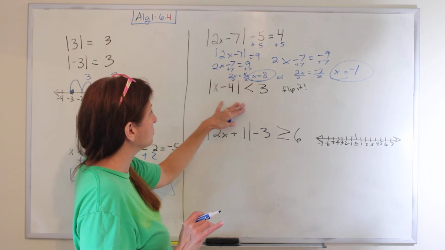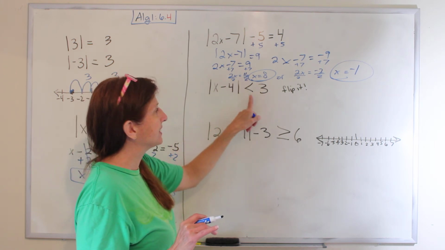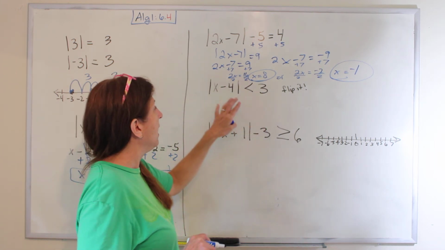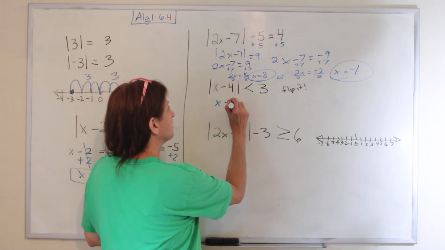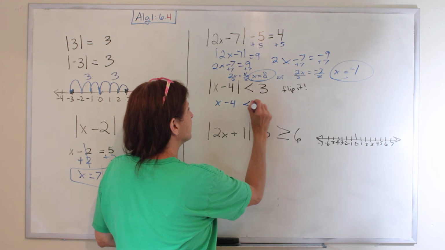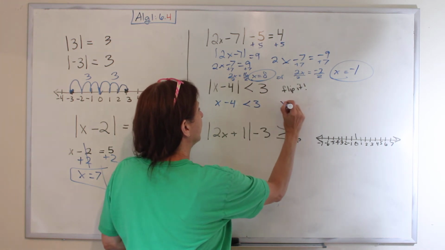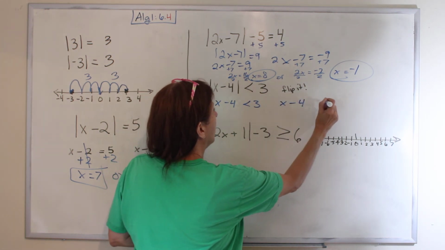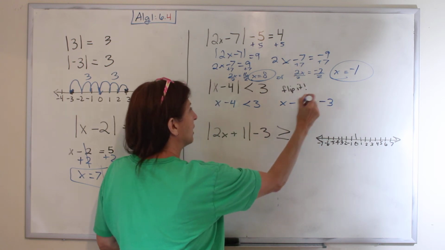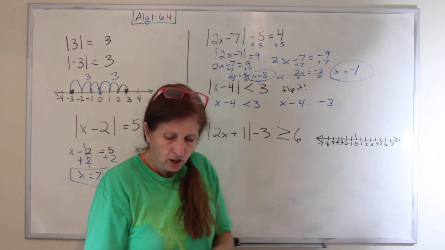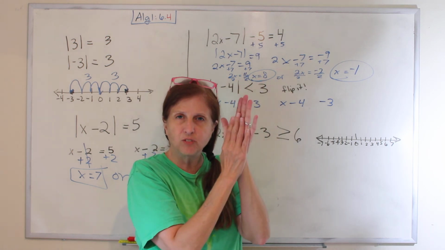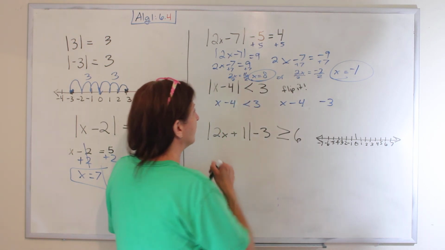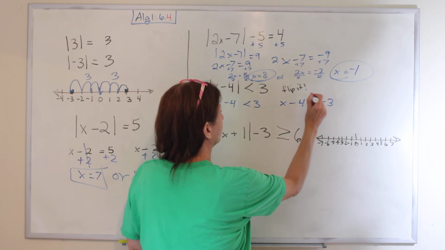All right, so here's one. What do you do if it's an inequality? Then you write it twice, just like before: x minus 4 is less than 3, and then you write it again, x minus 4, and it'll be negative 3 this time, but you have to flip the inequality on the negative one.